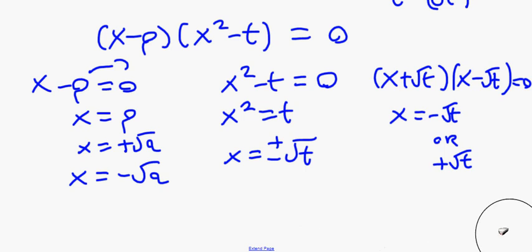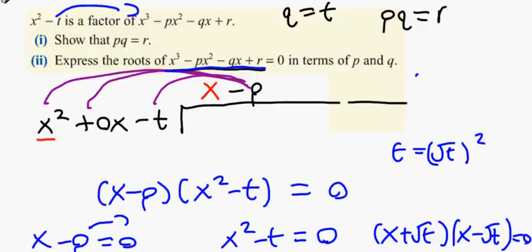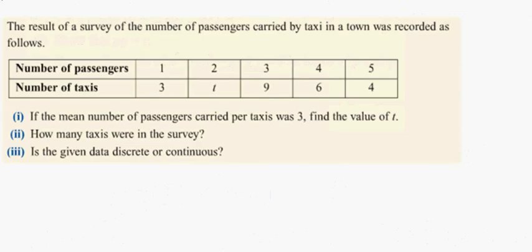Okay, moving on. The result of a survey of the number of passengers carried by a taxi in a town was recorded as follows. If the mean number of passengers carried per taxi was 3, find the value of t. Well, we have to find out what the mean is, okay?